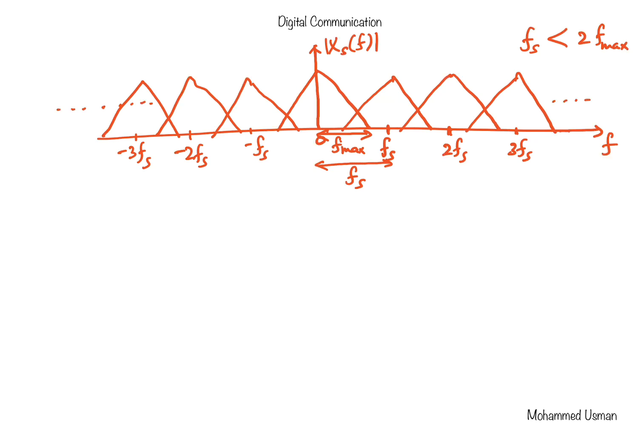So the spectrum of the sample signal shows replicas which are overlapping with each other, and these overlapping regions are what depict the aliasing distortion. So these depict the process of aliasing.